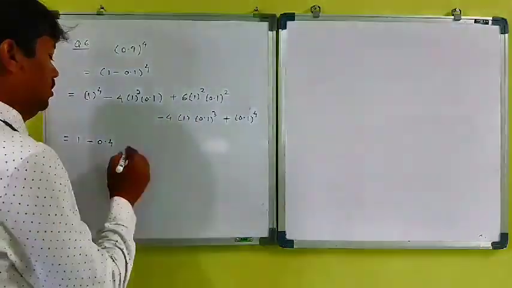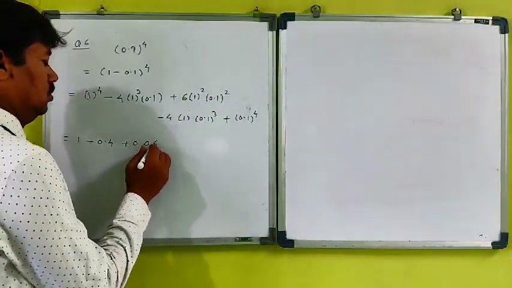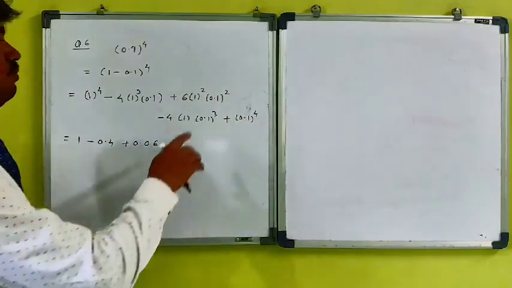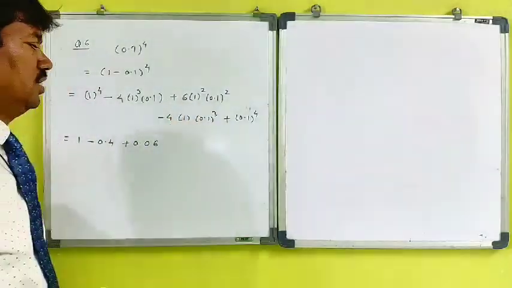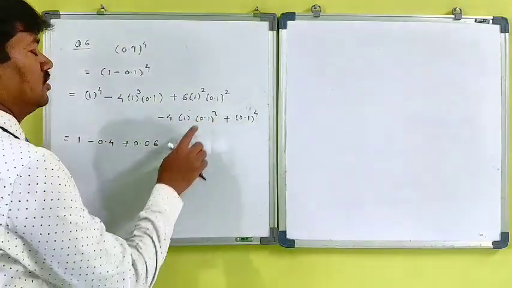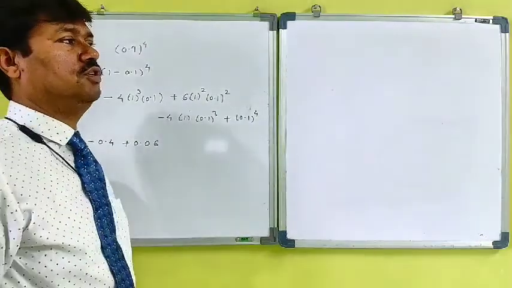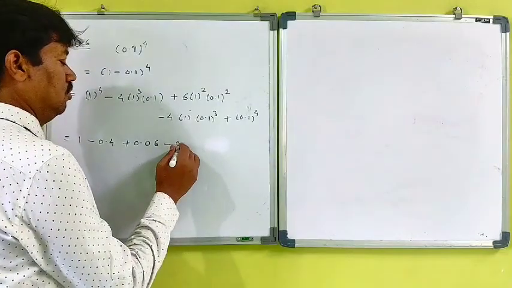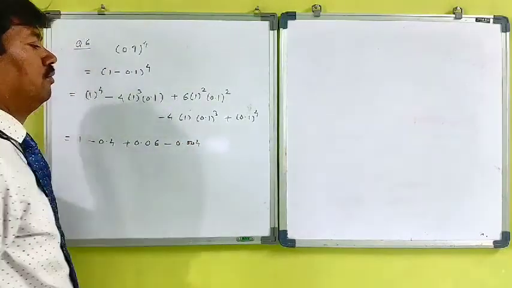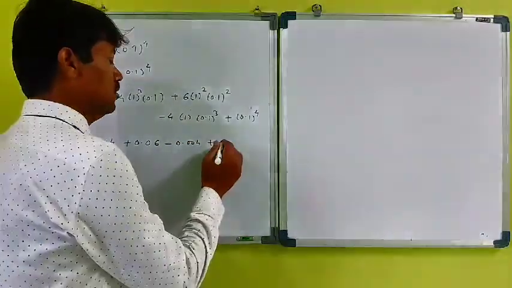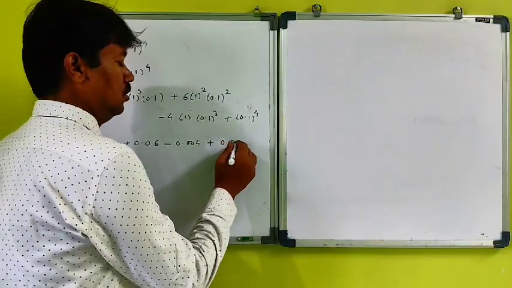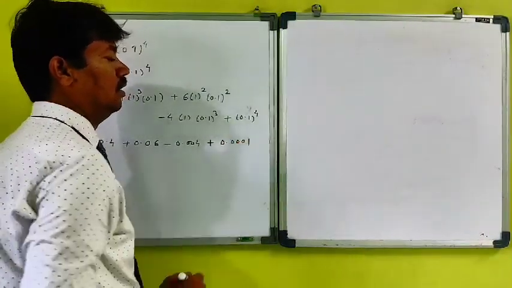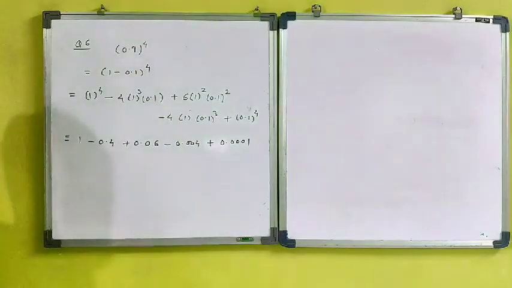This is 0.06, because it's 0.01 and this is into 6, so it's 0.06. It is 0.001 into 4, so it is minus 0.004, plus 0.0001. So it is like this.